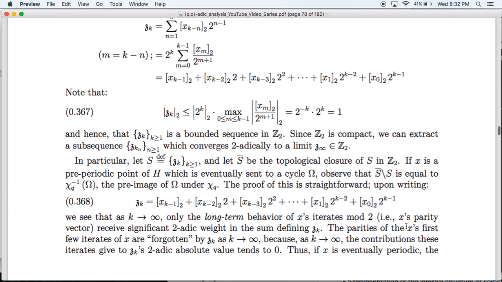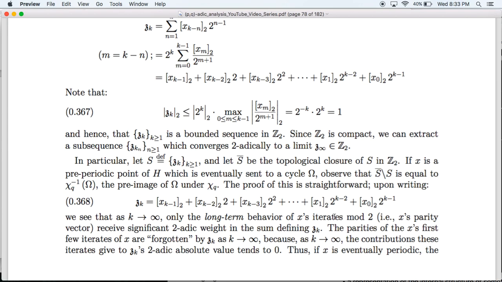The proof is straightforward. As I said here, only the early iterates of x get small 2-adic weight, and so as k approaches infinity, only the long-term behavior of x's iterates mod 2, i.e. x's parity vector, will matter.